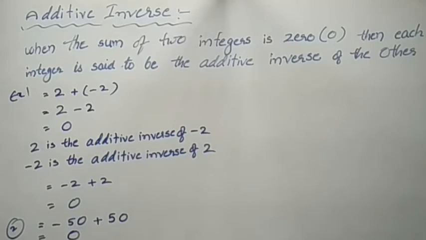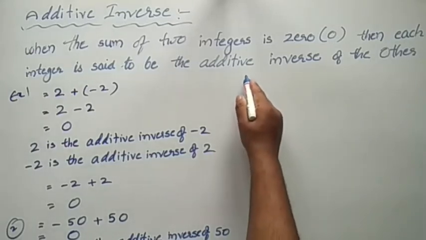Now I can write minus 50 is the additive inverse of plus 50. Vice versa also I can write: 50 is the additive inverse of minus 50.